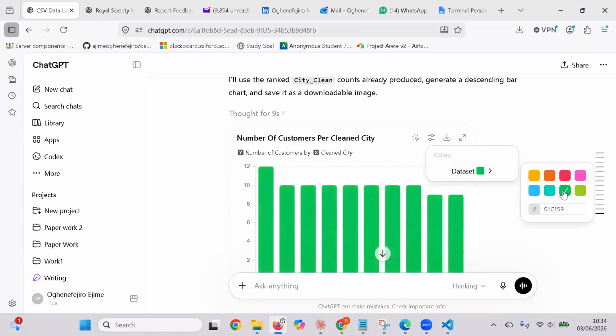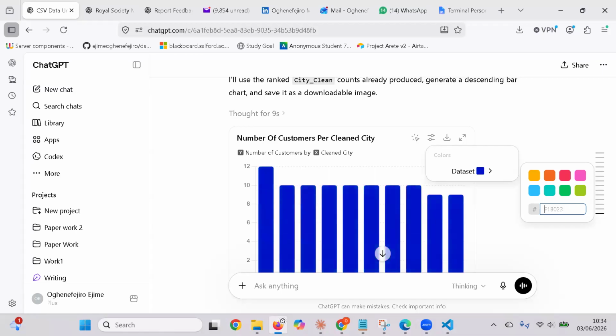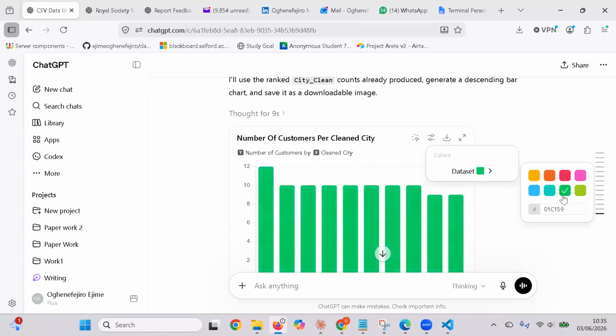Okay, you see, you can change the color to what you want. I actually have the code in my head.